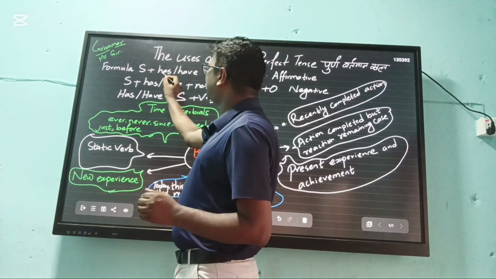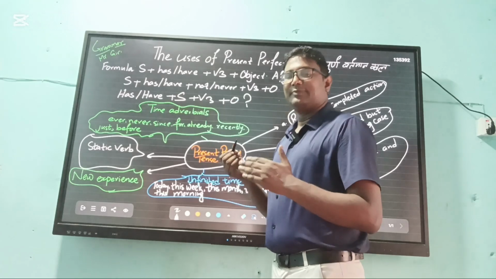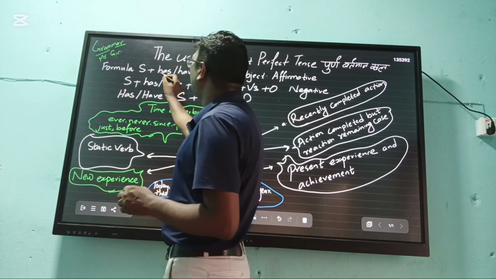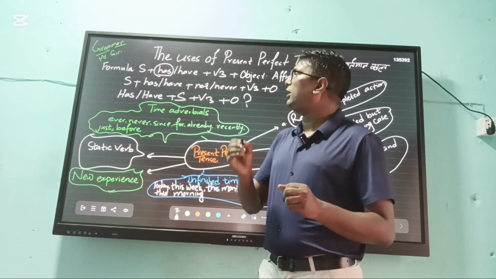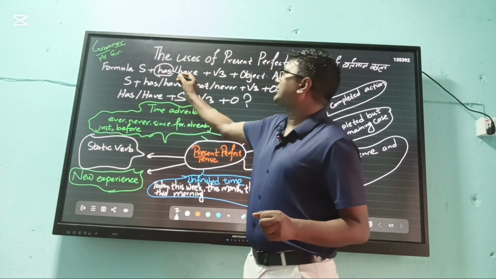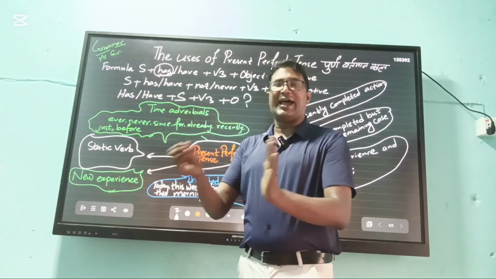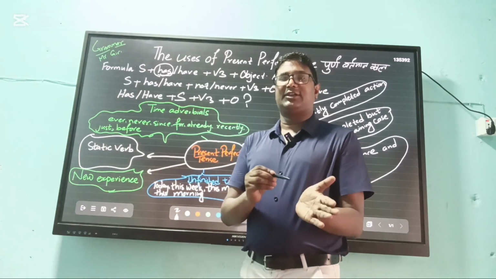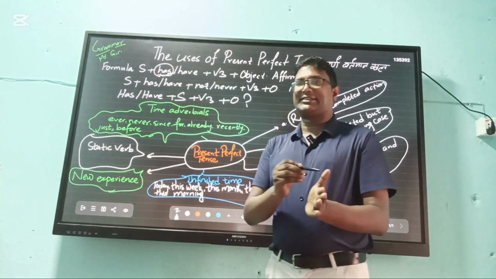Subject plus has/have plus V3 plus object. As you know, a singular subject and an uncountable noun take has. He has. She has. Somebody has. Anybody has. Nobody has. Everybody has.